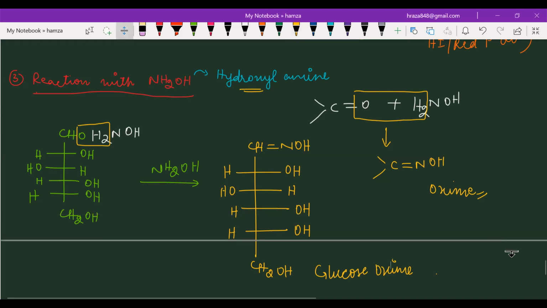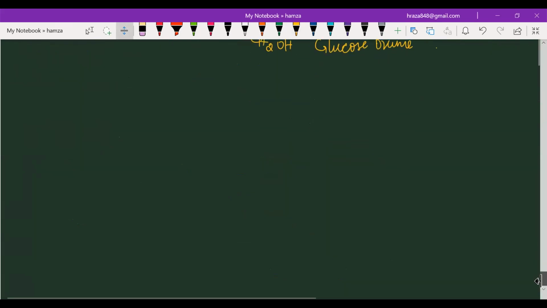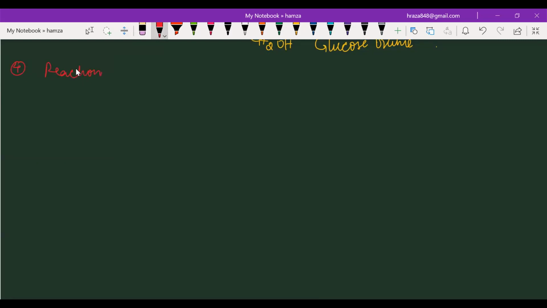Now the next reaction, fourth reaction, will be the reaction with Br2 plus H2O. And you know what? Br2 plus H2O is a mild oxidizing agent.